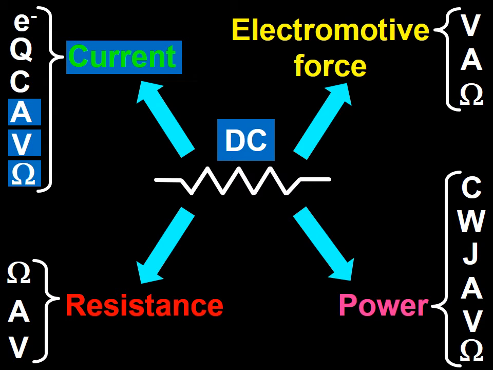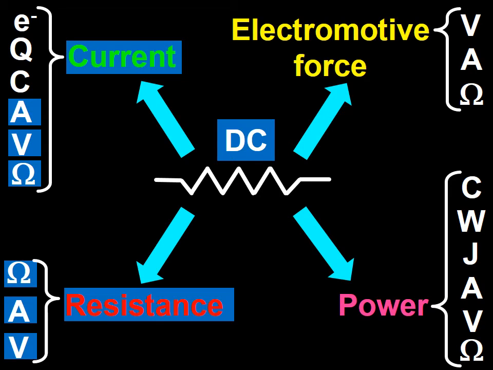If we look at the last three symbols related to current and then look at the rest of the frame, we can find that these three symbols repeat when analyzing resistance.